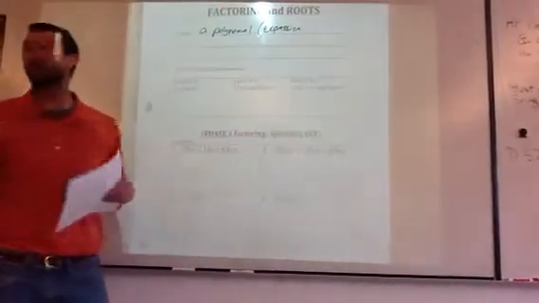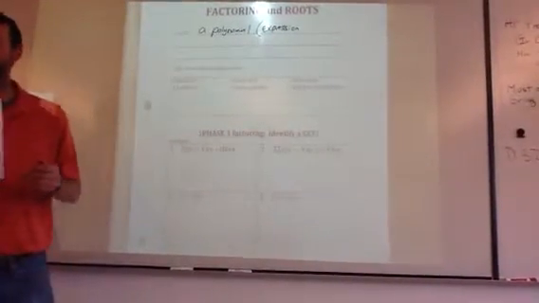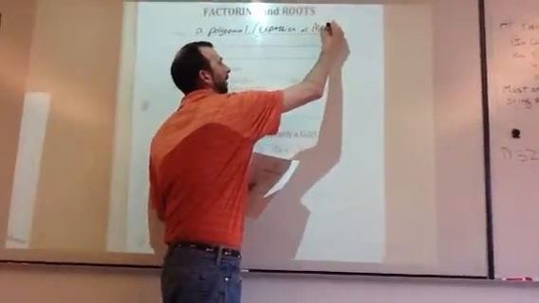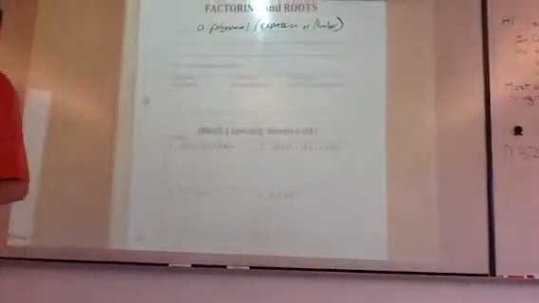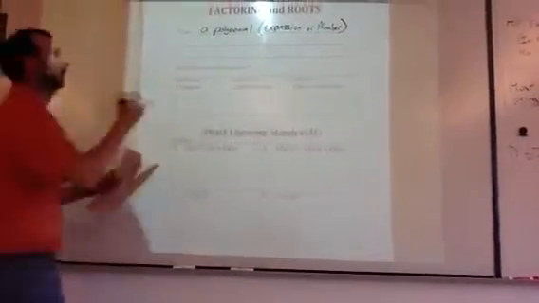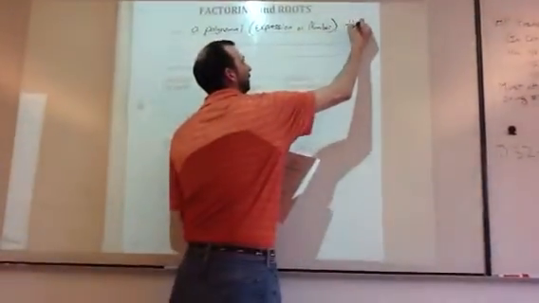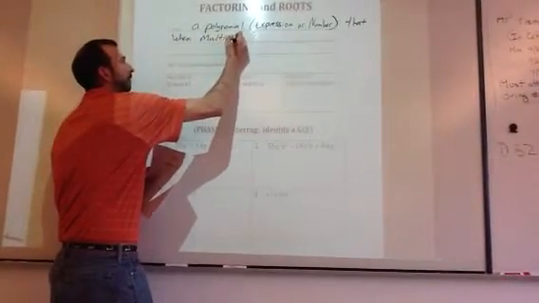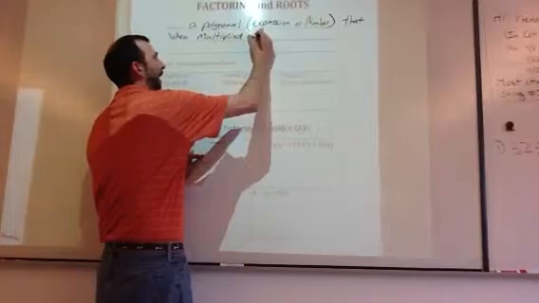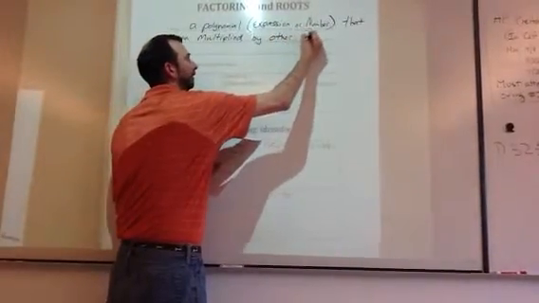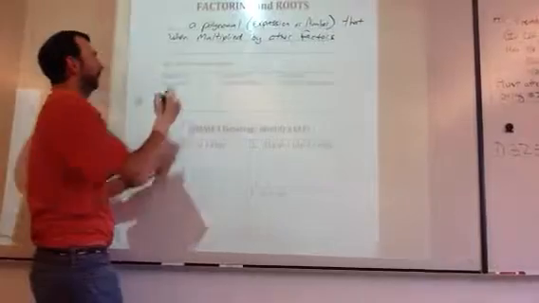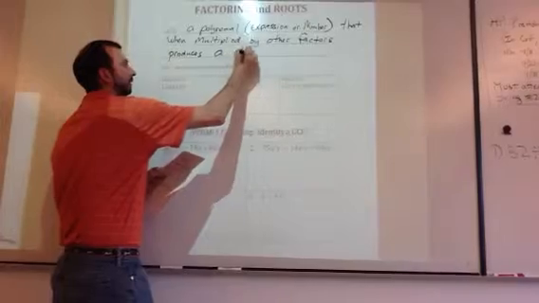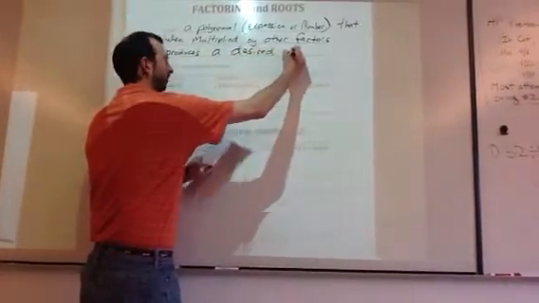It doesn't necessarily have to be 4. It could be 1, 2, 3, 4, or more. It's an expression, or perhaps just a number. A number could be a very, very simple polynomial, but it's a polynomial that, when multiplied by other factors, they produce a desired result.